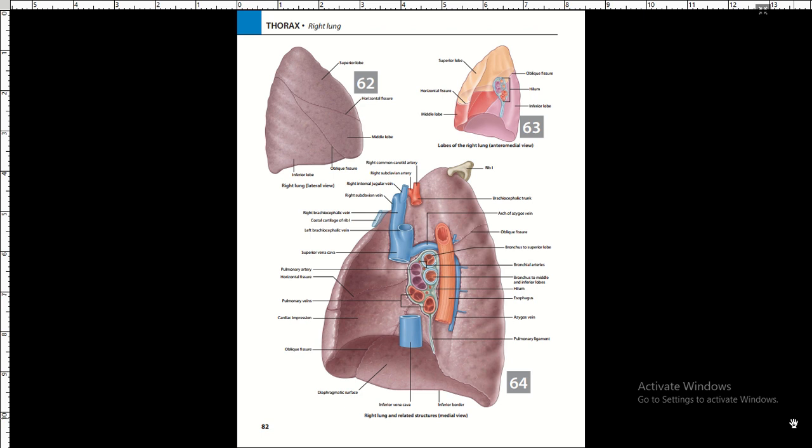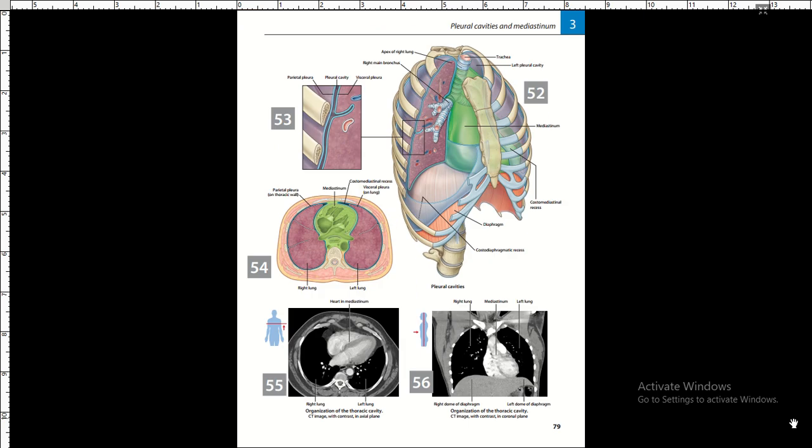Take note that in children the lung has a pinkish color, and in adults the lung has a dark gray color. This is due to exposure to external dust particles, smoke, and so forth.